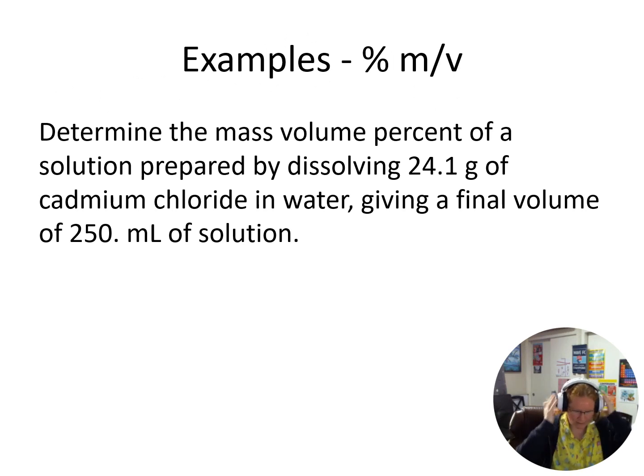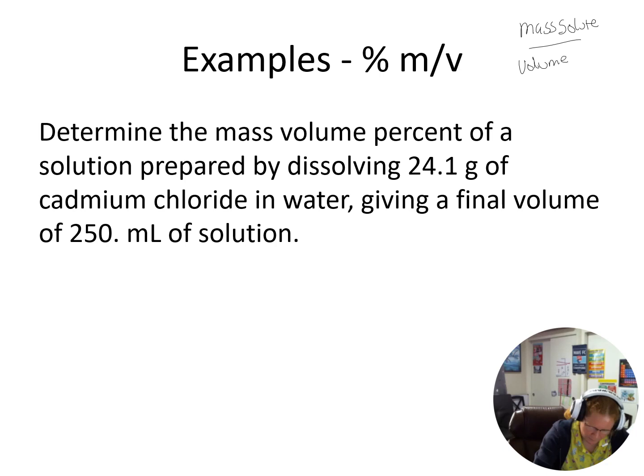Okay, all right, here I want to know the mass volume percent. Again, mass volume percent is our mass of solute over volume, and this is in milliliters, and that's times 100.